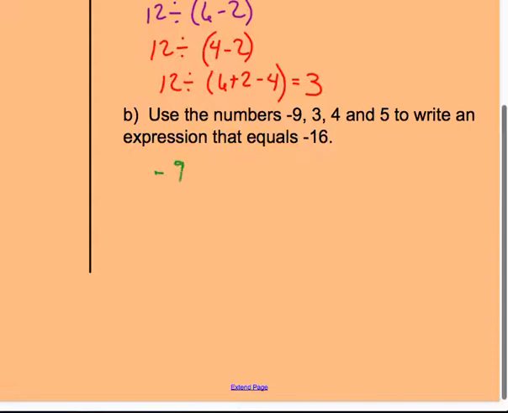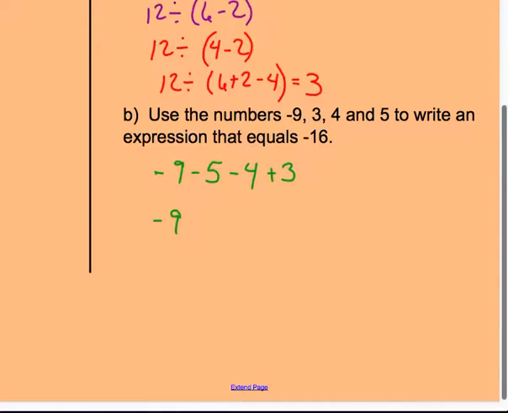So if I take negative 9 and I subtract 5, that would give me negative 14. And if I subtract 4, that would give me negative 18. So adding back the 3 would give me a negative 15. So I'm close, but I need to fudge these numbers a little bit more. So maybe if I take negative 9, what if I multiply some numbers together?